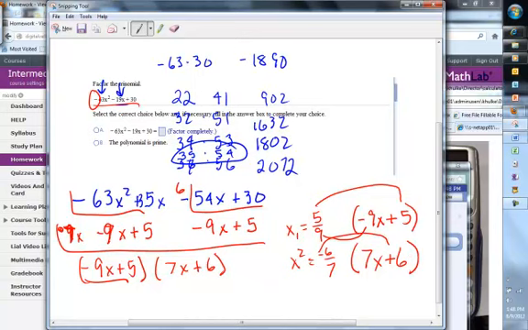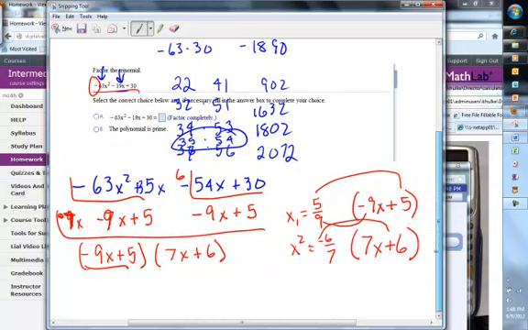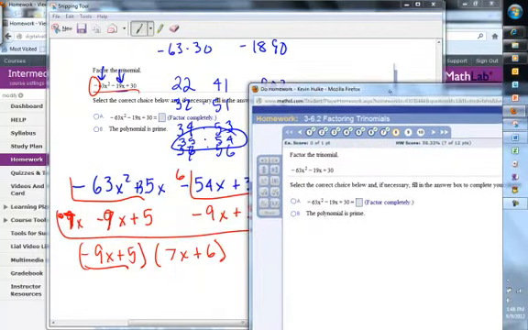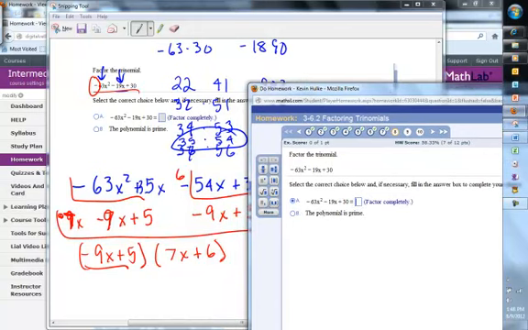Okay, so that's our factored form. Let's see if we can get our answer in here somehow. Parentheses, negative 9x plus 5, parentheses, 7x plus 6.